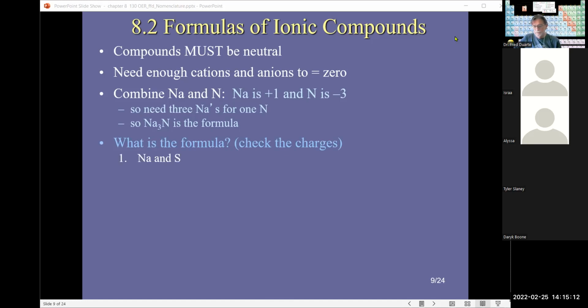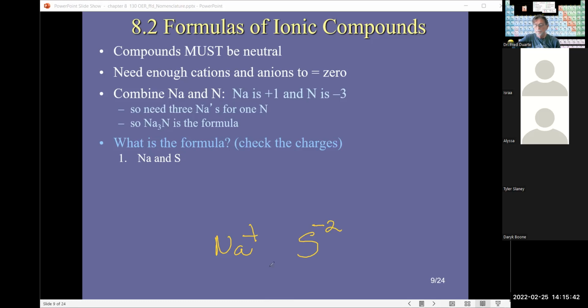Okay, so here's the formula. Let's try sodium and sulfur. Well, we convert the elements into the ions. And again, we know from the example we just did that sodium has a +1. It's in group 1, so it has an oxidation number of +1. The sulfur is in group 6, and it's a nonmetal, so its oxidation number as an ion is a -2, okay?